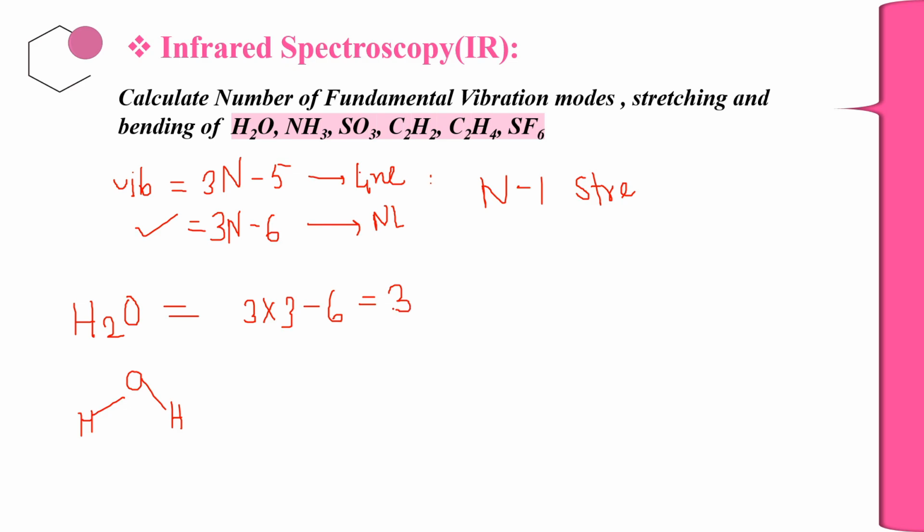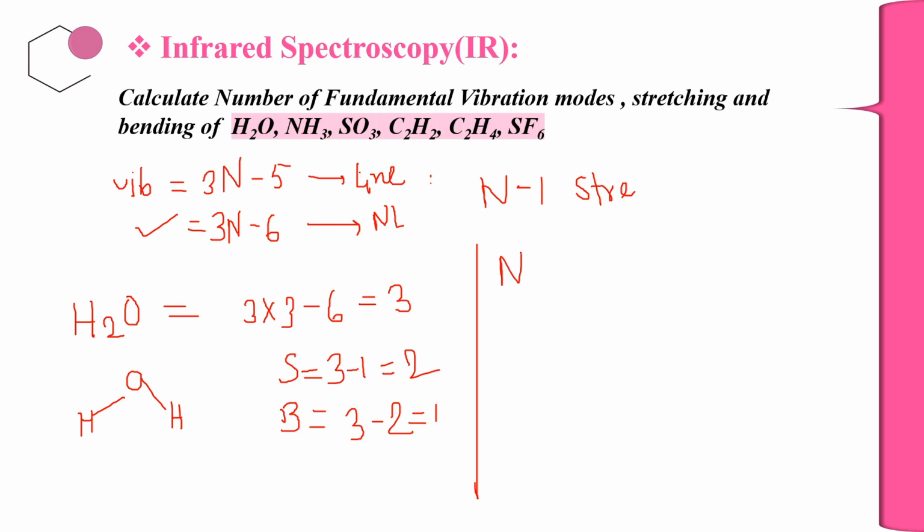That means in the H2O molecule there are 3 vibrational modes, out of which stretching is n minus 1, that is 3 minus 1 equal to 2, and the bending is the rest: 3 minus 2 equal to 1.